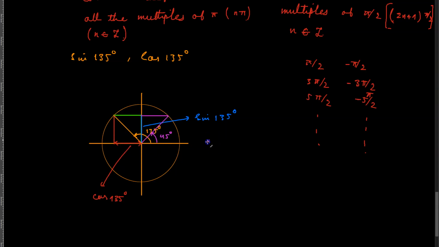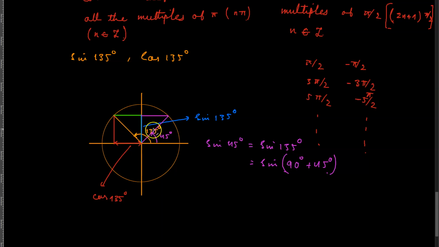Meaning that you can say that the sine of 45 degrees is exactly equal to the sine of 135 degrees. And you can write 135 as 90 plus 45 degrees. That is one interesting thing that you can see in the unit circle.